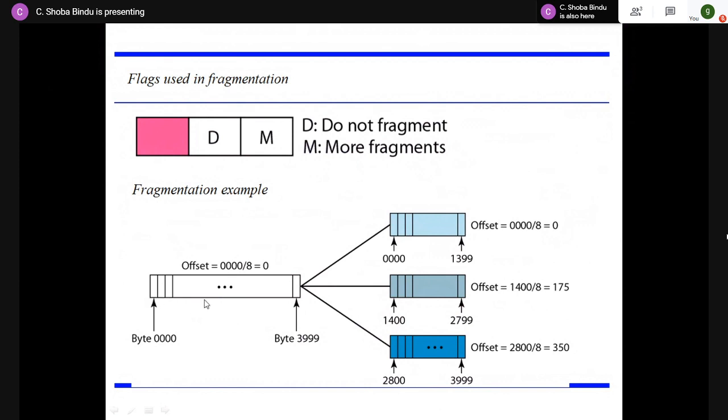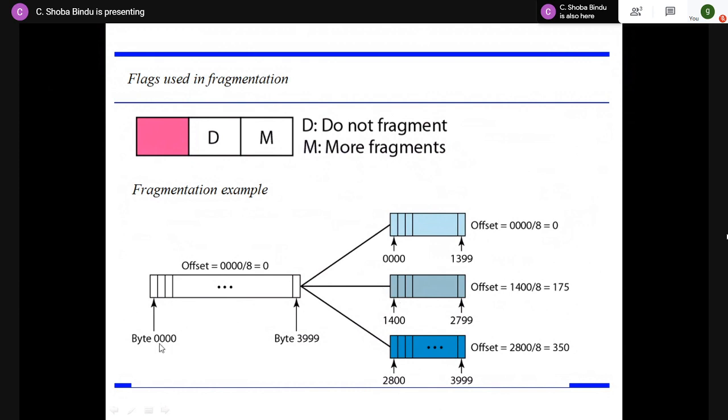The first 1400 bytes form the first fragment, so I need to indicate this fragment with a fragment offset. The fragment offset indicates at what position this fragment sits in the entire datagram.